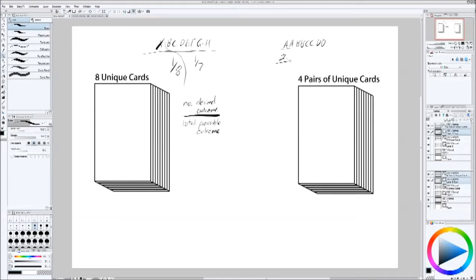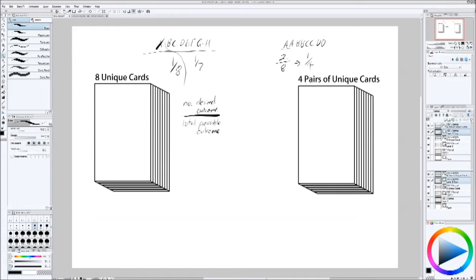So we've got 2, and then on the bottom, we've still got those 8 cards. So, once again, it's 8. Now 2 over 8 can nice and easily go to a quarter. Therefore, where in the first instance you had a 1/8 chance of drawing one of those 8 unique cards, in this case you've got a 1/4 chance.